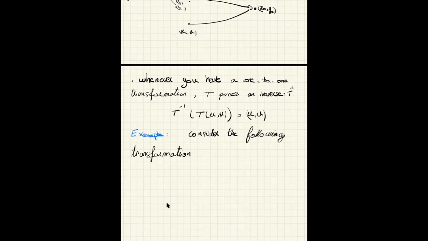T(u, v) is (2u + 3v, u - v), which is x and y.